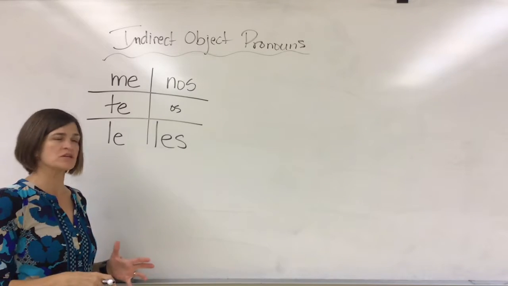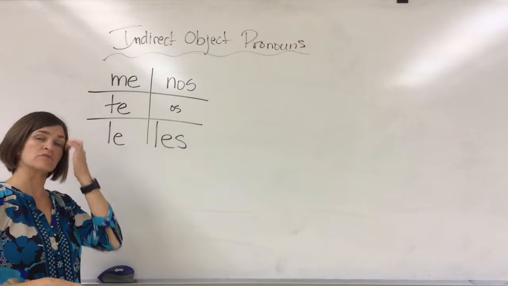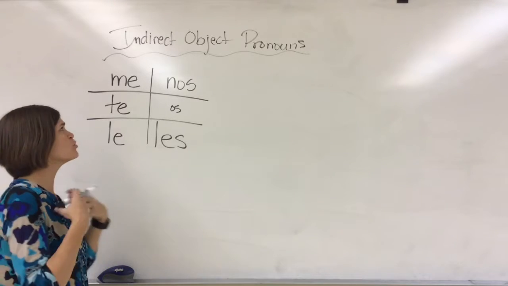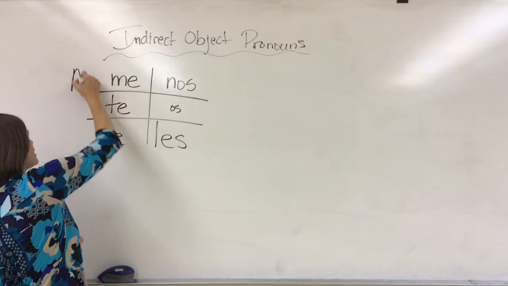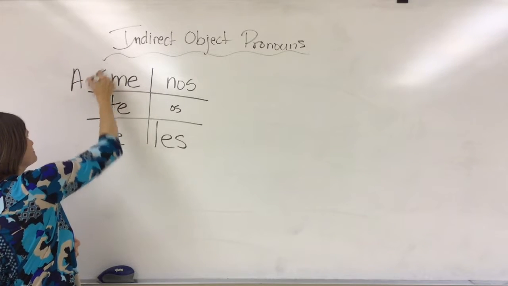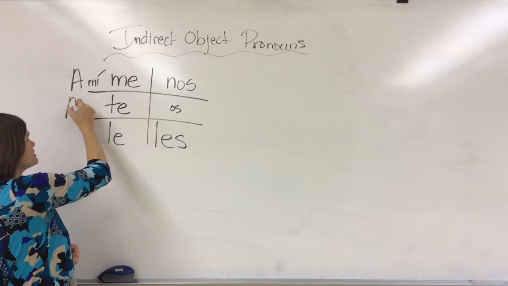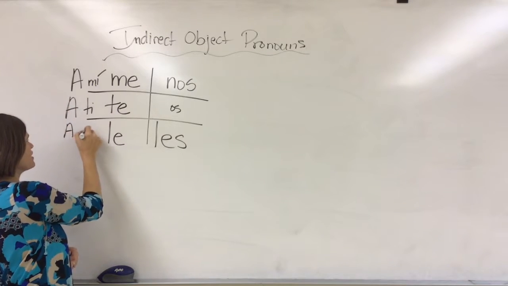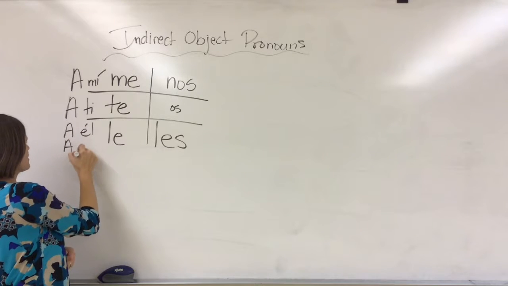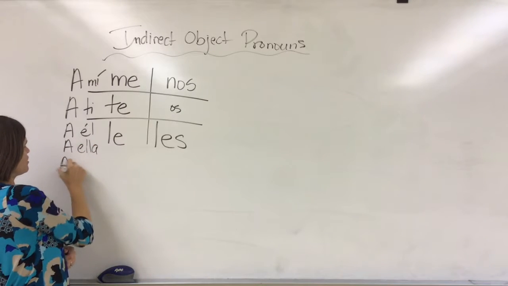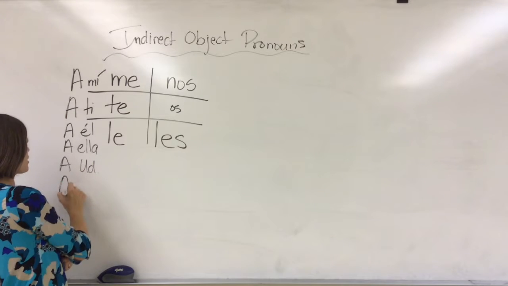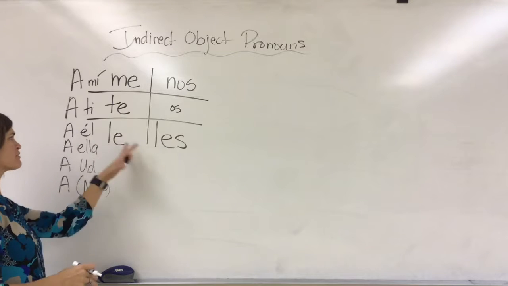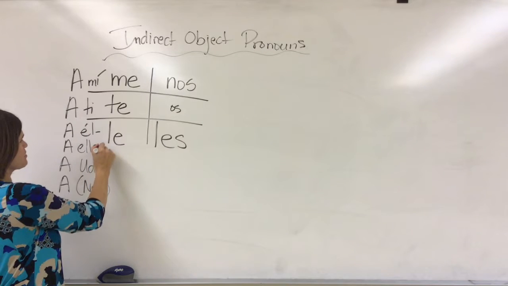There was an optional thing you could put in front of this pronoun when we were dealing with the verb gustar. If I want to clarify that this is to me, it was a mí, or a ti, te, or a él, a ella, a usted, or a plus somebody's name, when you want to clarify that we're talking about le.